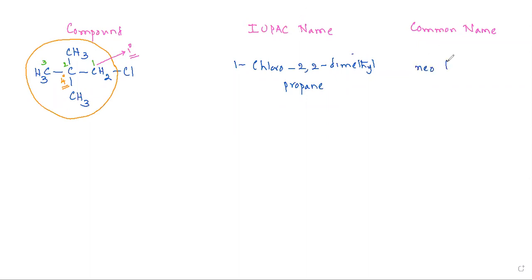Now this of course is neopentyl chloride. Okay, that's it. Let us go for the dihalogen derivative.